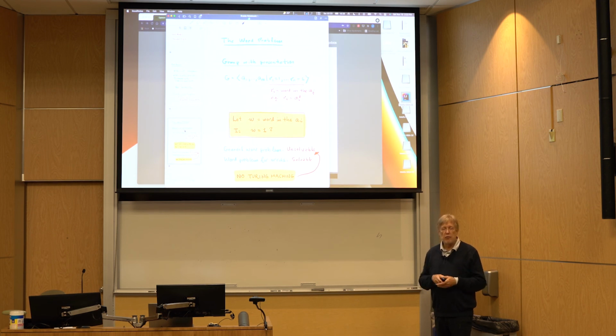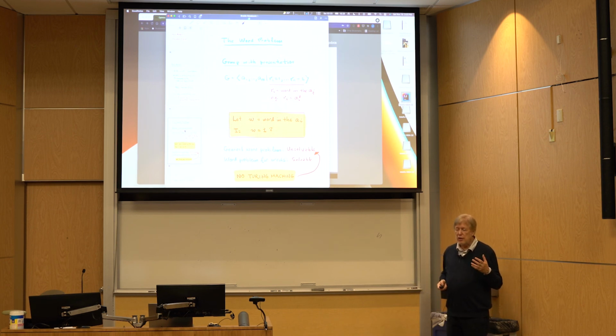We can reduce that to the normal form, and if it's not the trivial normal form, the element is not the identity. But the general problem is, for any presentation, is there some algorithm that allows you to determine whether an element is the identity or not? And the answer is no. It's an unsolvable problem in the sense that there's no general algorithm that will do that. There's no Turing machine that you can write down which is capable of doing this. On the other hand, braid groups are nice because the word problem for braids is solvable.